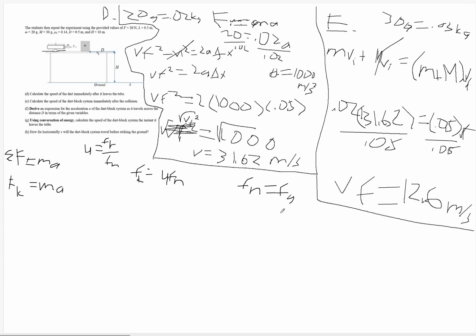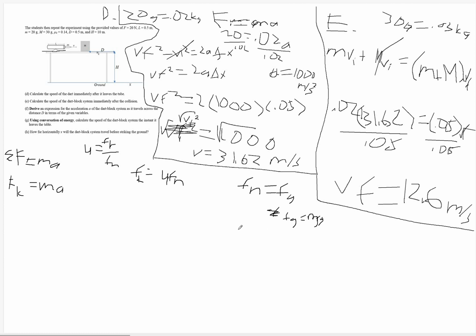And what is Fg? We can expand that out even more, because Fg is really just m times gravity. But for the mass of the dart block system, it's just the dart and the block added together.